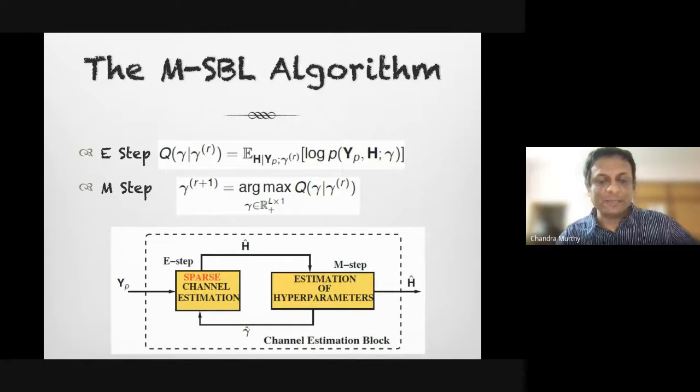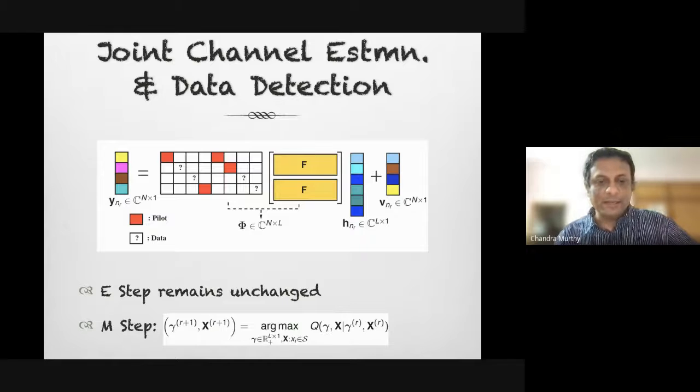So this basically shows that the same E and M step that I showed you earlier can be reused for this kind of a problem. Instead of the SBL algorithm, as I discussed earlier, it's now the MSBL algorithm. That's the only difference. And this just talks about the extra step of data detection.